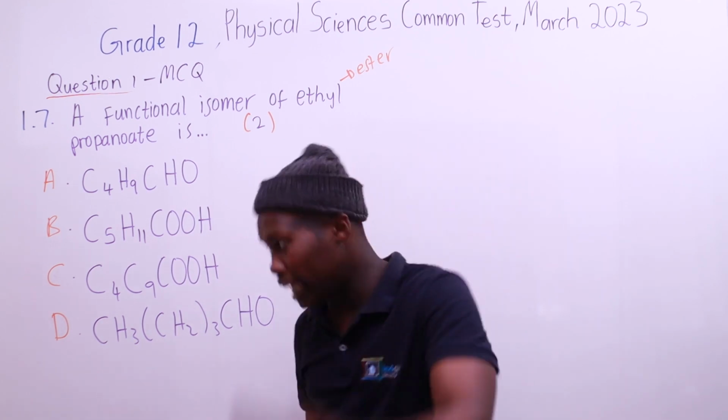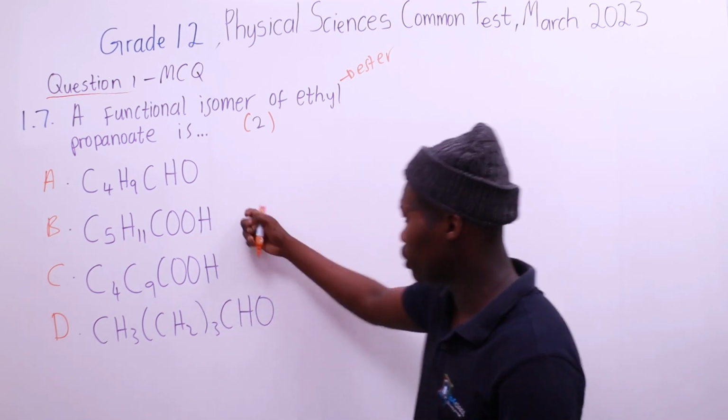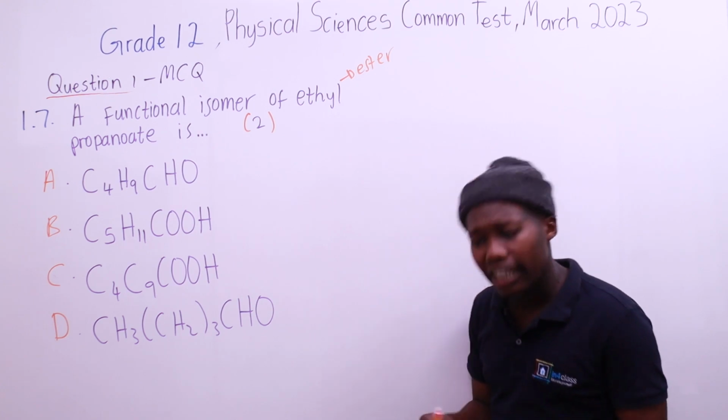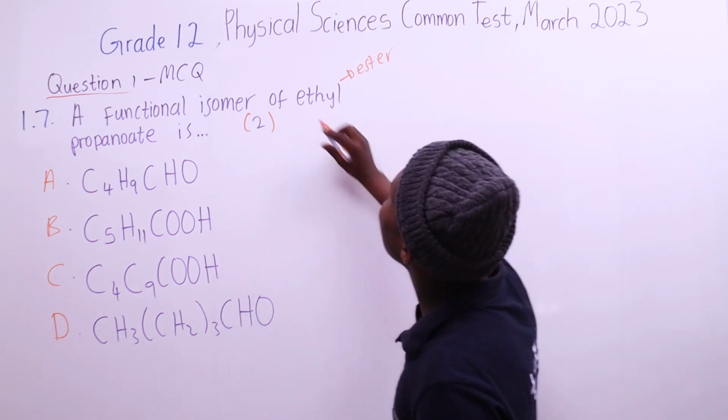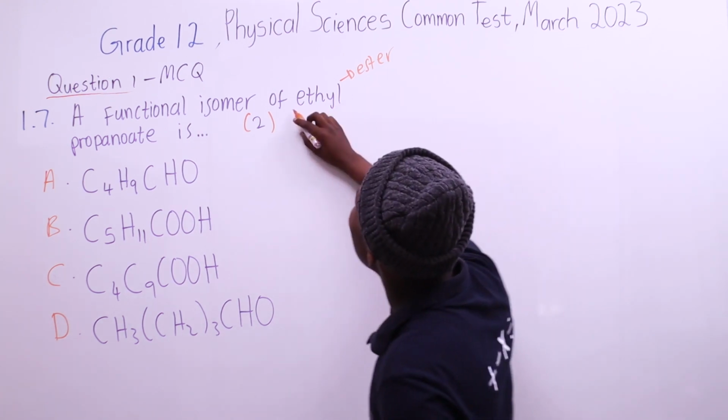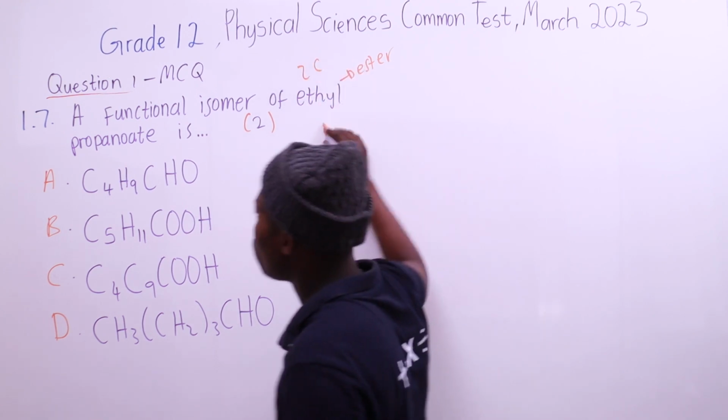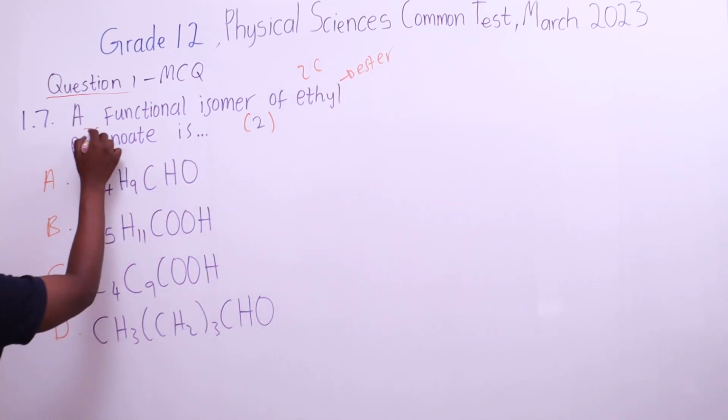It is the COOH carboxylic acid group. The ester had 2 carbon atoms, and propanoate 3 carbon atoms.